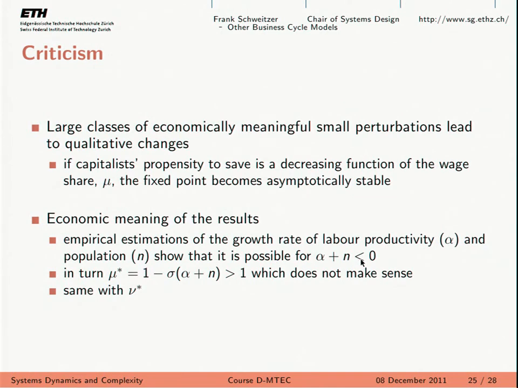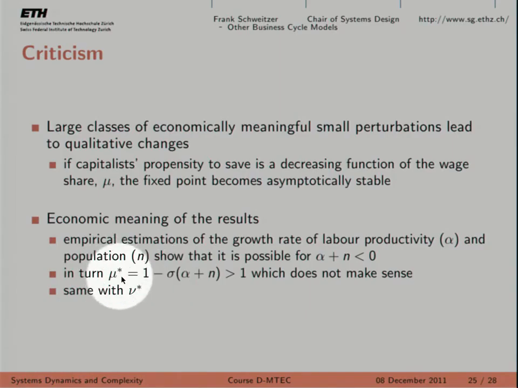If that is true, then the fixed point, this is the fixed share of output that goes to salaries, becomes larger than 1, which makes no sense economically. Right? You cannot pay more salaries than you have money available. So that makes no sense. The same thing can be shown, it happens with v. So this model is not stable in a sense to empirical data, that's the most impressive thing. Or let's say the worst thing.